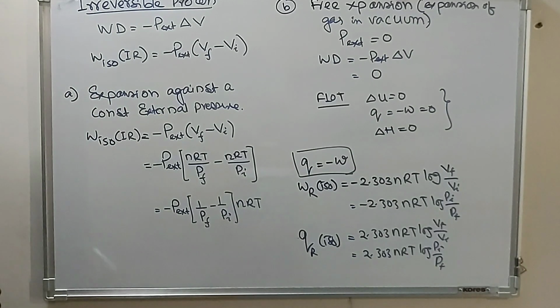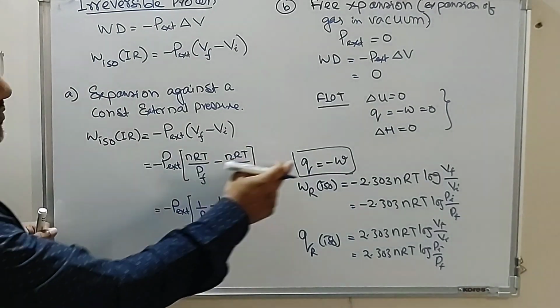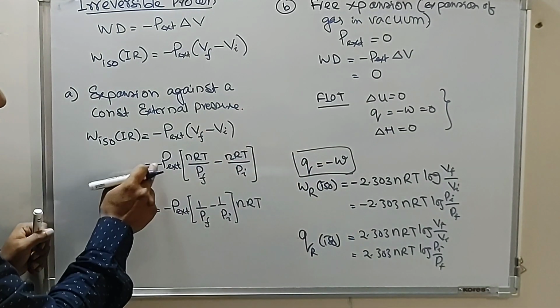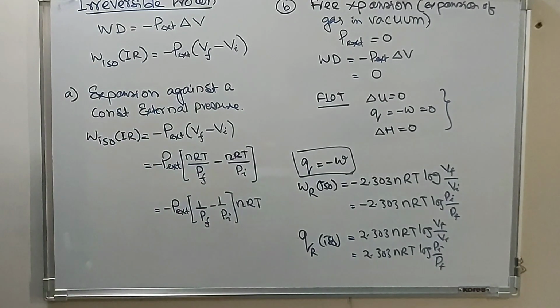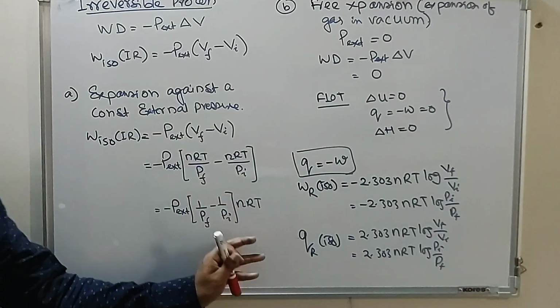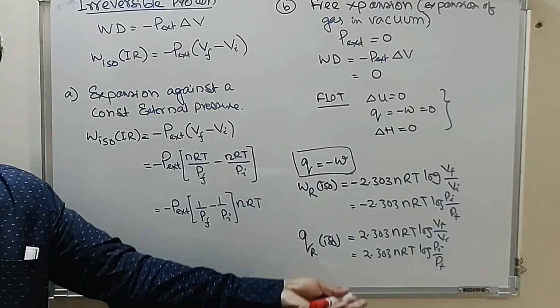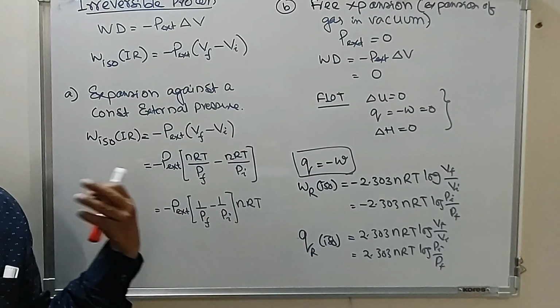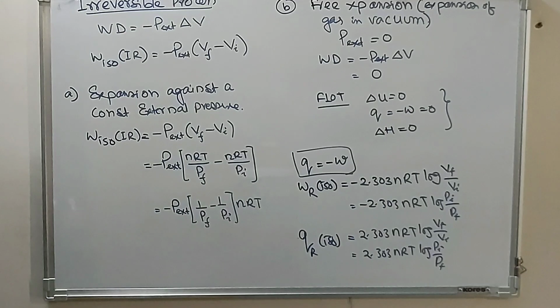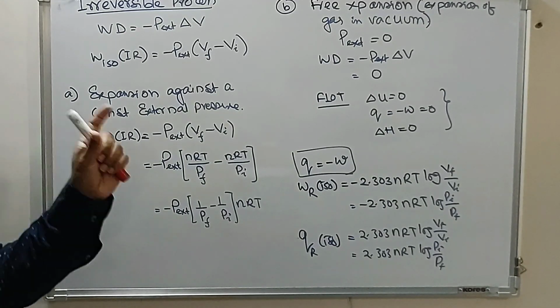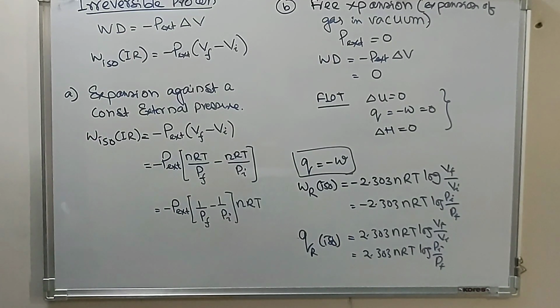Similarly, if this is the expression of work done, we can say that work done is minus of Q, so the minus comes out to be plus. So from this expression of work done, we can also calculate the heat involved in this reversible isothermal process.